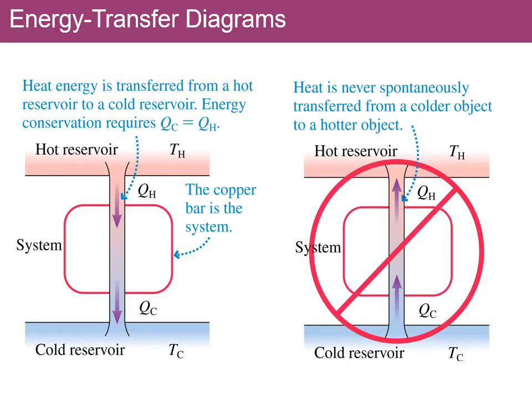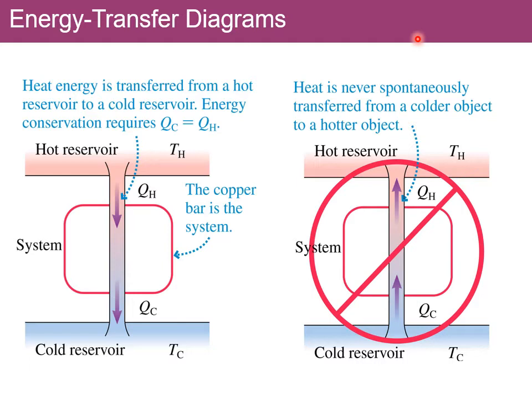Here we see examples of energy transfer diagrams. In the diagram to the left, energy is transferred from the high temperature reservoir to the low temperature reservoir by passing through a copper bar. By conservation of energy, the energy that is transferred from the high temperature reservoir must equal the energy that is transferred to the low temperature reservoir.